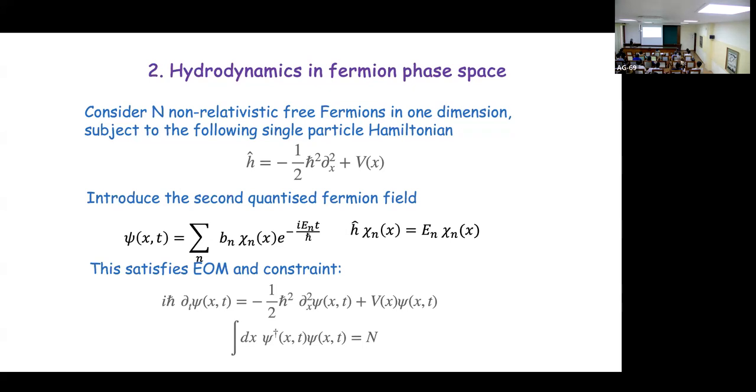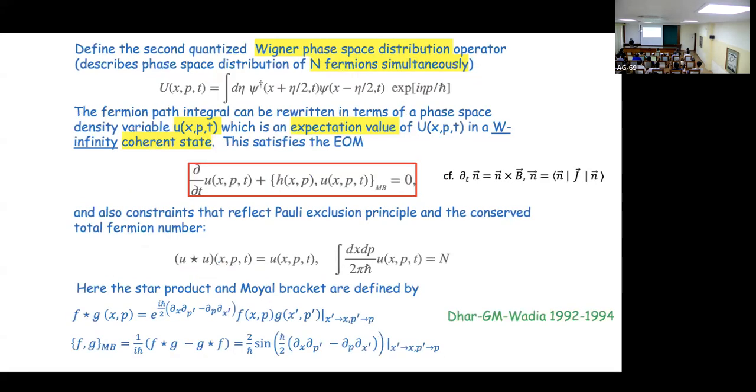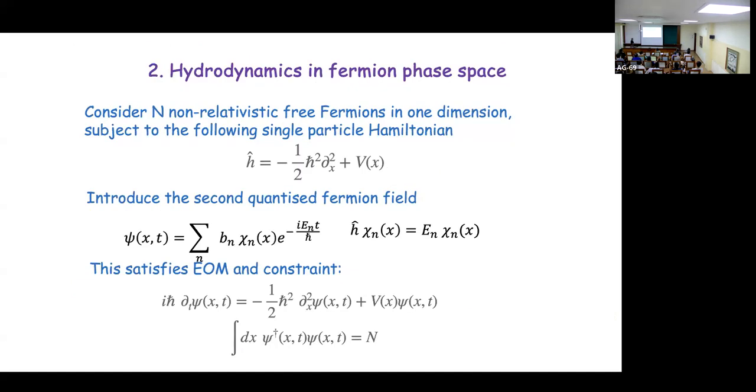So these are all very easy to show. This comes from the fact that the single particle wave function satisfies the corresponding Schrodinger equation. Okay, so this part is easy.